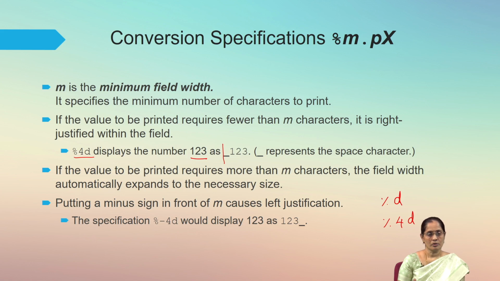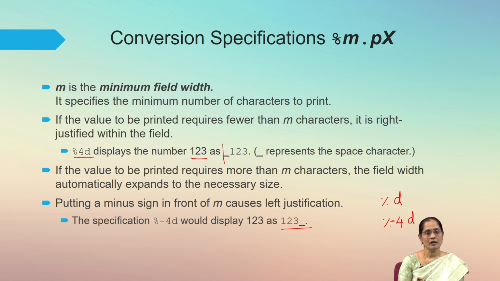In case we want to move it to the left, with left justification, instead of specifying 4, we can just add a minus symbol, %-4d. %-4d will move the number to the left if the field width is more.